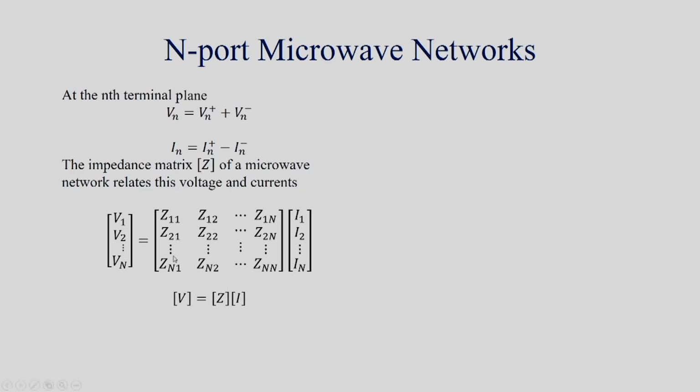So, in compact form we can write V is equal to Z I, where V is a vector, Z is a matrix and I is a vector.